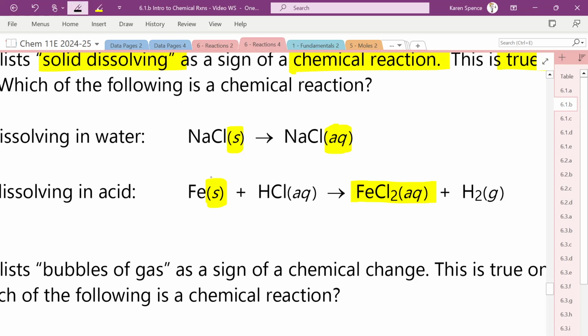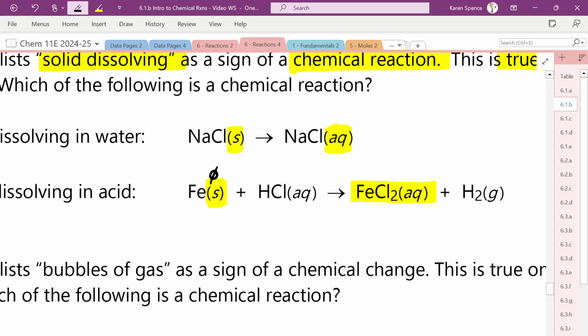What's the charge of Fe in the reactants? +2? What does it say? Oh, if there is no charge, what is the charge? No charge. So if there's no charge, the charge is 0.